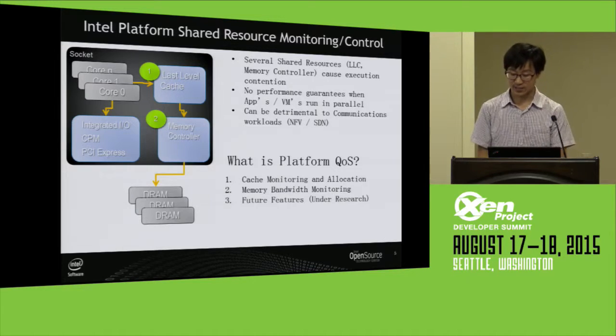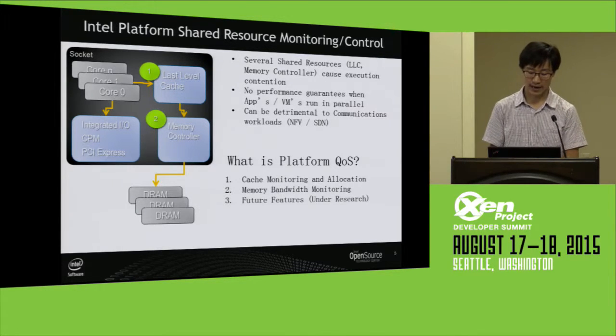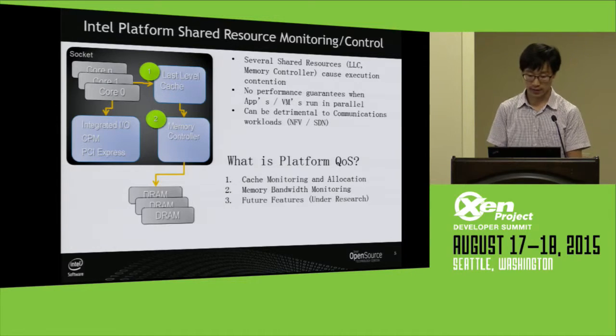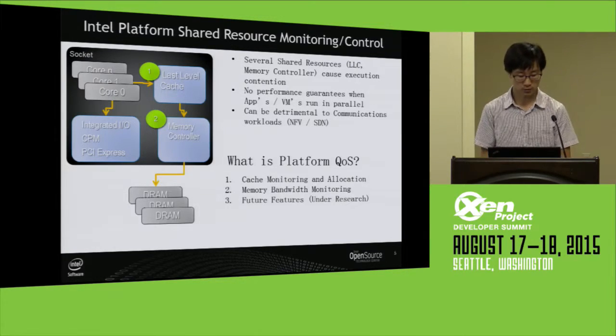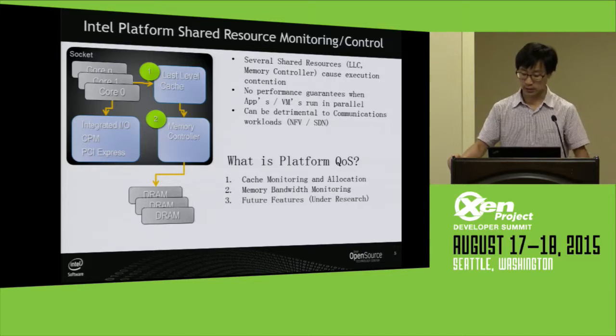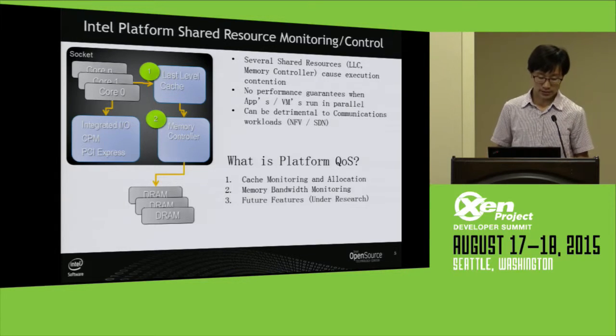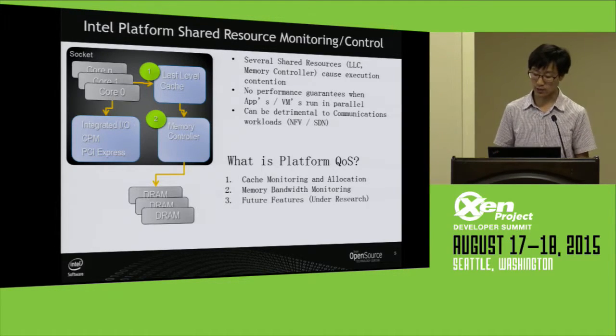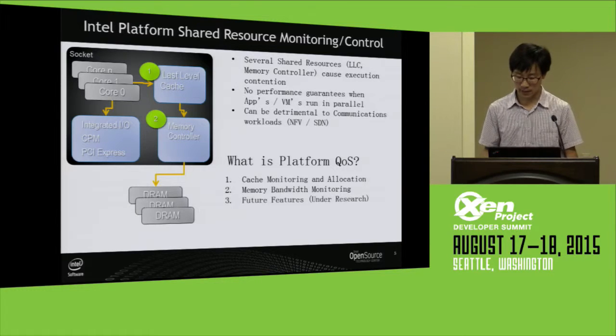The good news is that Intel has realized this problem and has provided several technologies to address it. They are what's called the platform QoS technology, and they can be further divided into 2 types. The first type is resource monitoring, such as cache occupancy monitoring and memory bandwidth monitoring. The second type is resource control, or sometimes we call it resource enforcement, such as cache allocation technology.